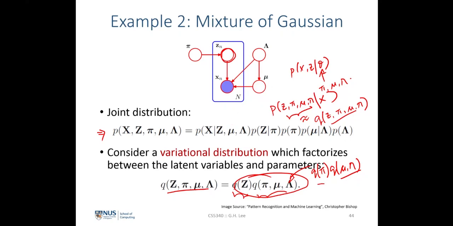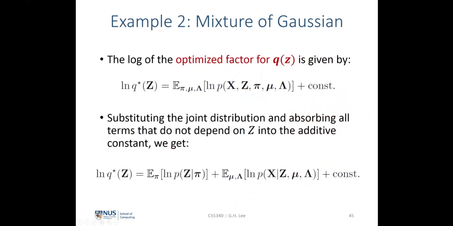But in order to illustrate the power of variational inference in the functional form, let's just pretend that we do not know this, and here we simply do a factorization in this particular form. Nonetheless, the result of the variational inference will show that it automatically turns out to be in this factorized form of q of z multiplied by q of pi and q of mu and lambda.